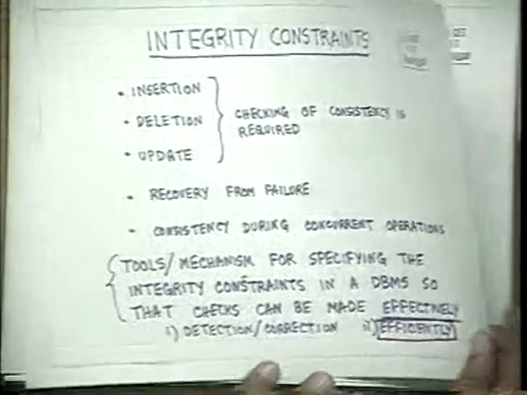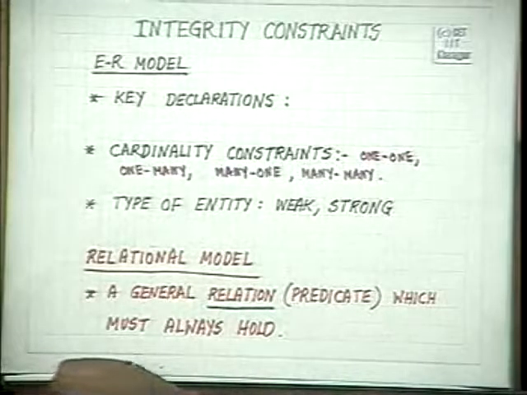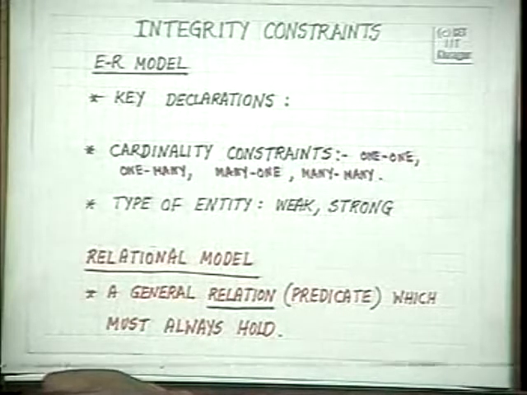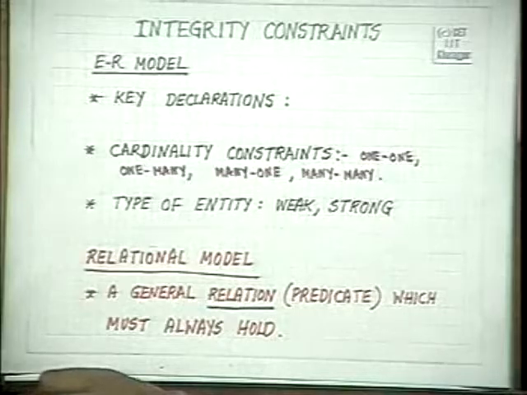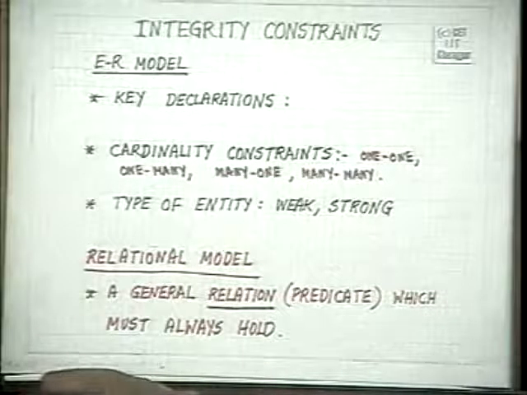So, while in a general relational model we can define a general relation for every consistency and constraint check that we want, there is a cost associated with it. During every database updation, these constraints will come into the picture, and we will have to start checking all of them. And if we mention arbitrary predicates, that means a huge set of programs will start operating.